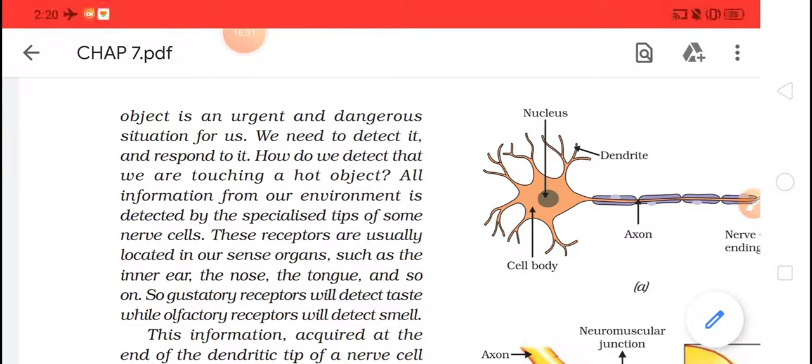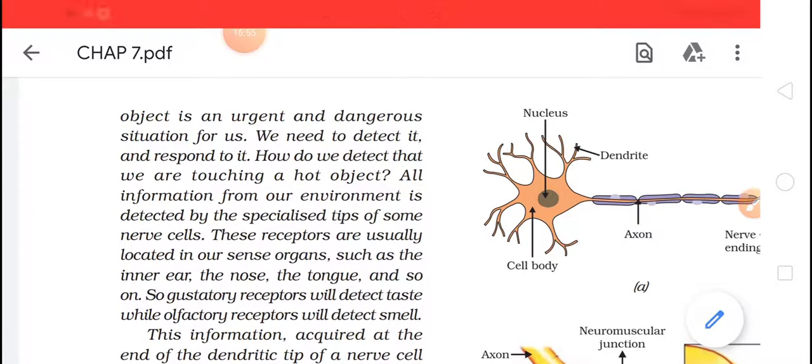So what will your tongue do? On your tongue again you will have receptors, that will take the information towards your brain, and your brain will tell you that this is the sweet taste of gulab jamun.